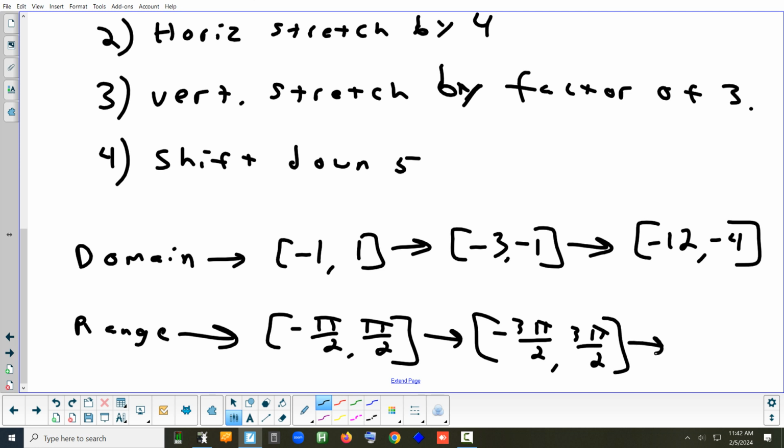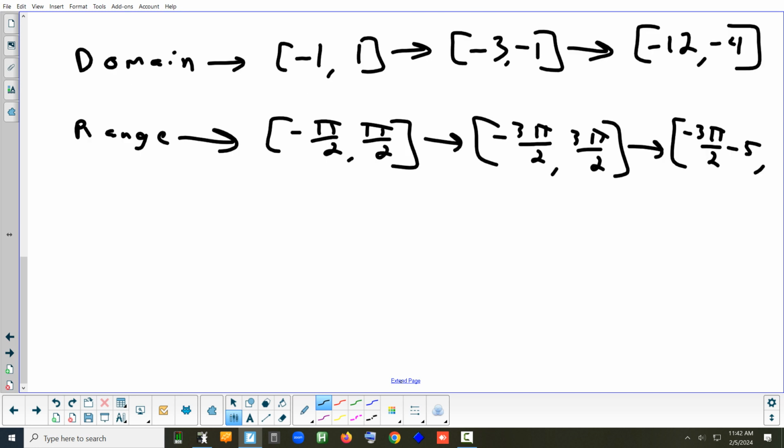And what's the last thing that happens to the range? Down 5. So -3 pi over 2 minus 5, comma, 3 pi over 2 minus 5.